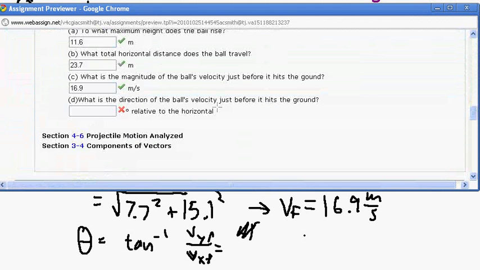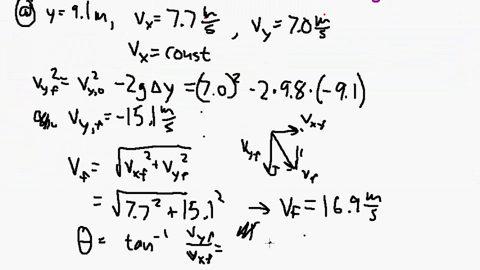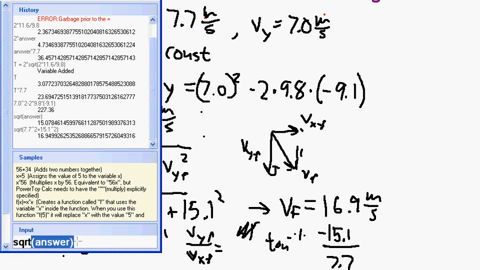So I'm just going to cut this here because the next class, oh no, wait a minute, I've got enough time. Alright, so theta equals inverse tan of negative 15.1 over 7.7. So let me try this, atan negative 15.1 divided by 7.7.